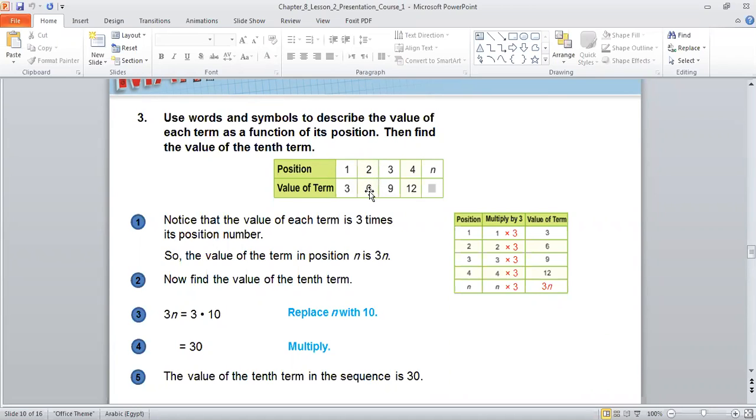For n, I will multiply by 3, so it will be equal to 3n. If the term number is 10, I will multiply 3 by 10, and it will be equal to 30.